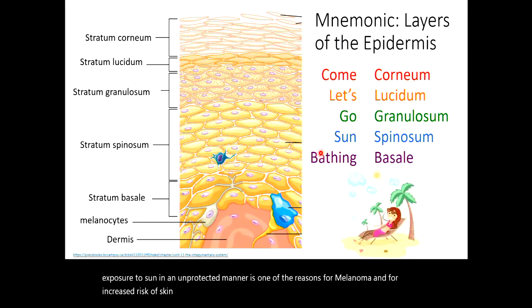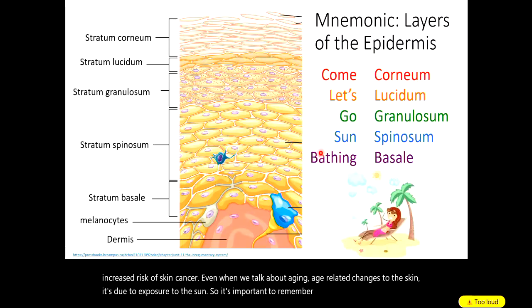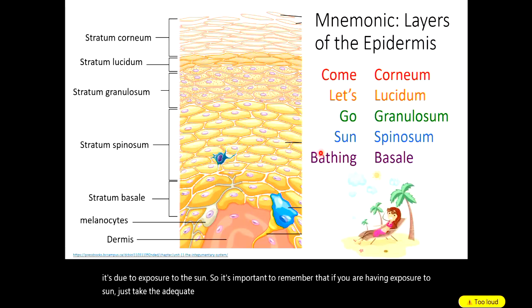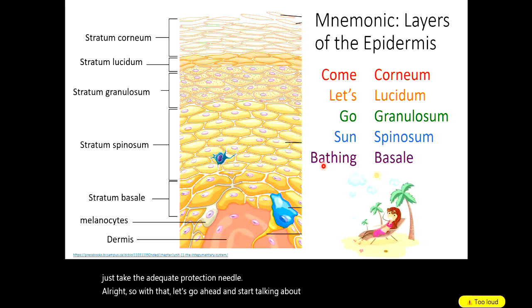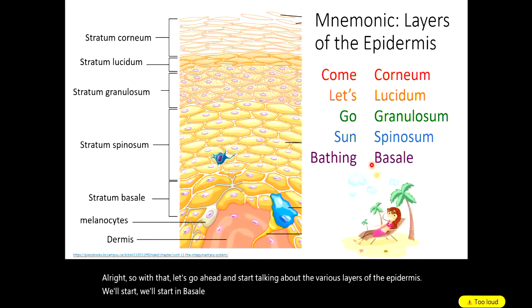Even when we talk about age-related changes to the skin, it's due to exposure to the sun. So if you are exposed to sun, just take the adequate protection needed. All right, with that, let's start talking about the various layers of the epidermis. We'll start with stratum basale and move all the way up to stratum corneum.